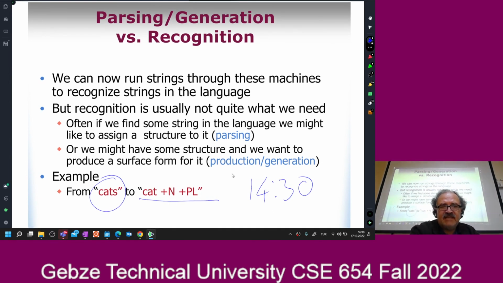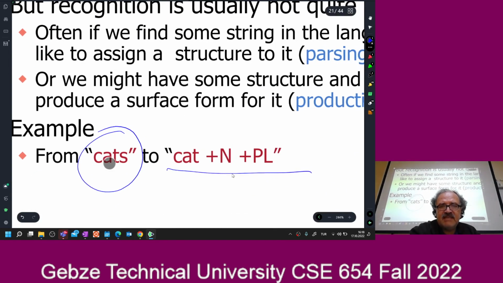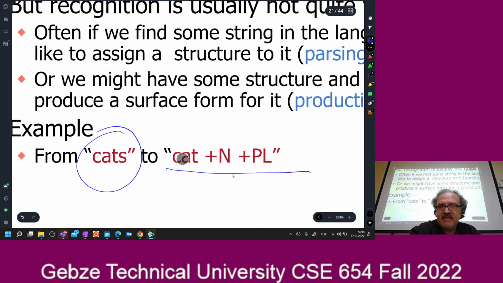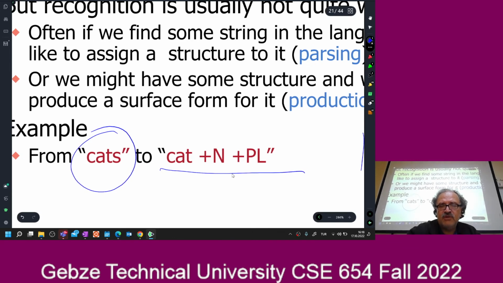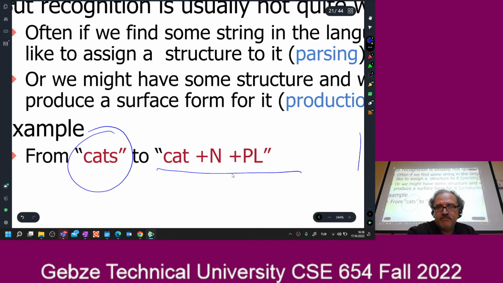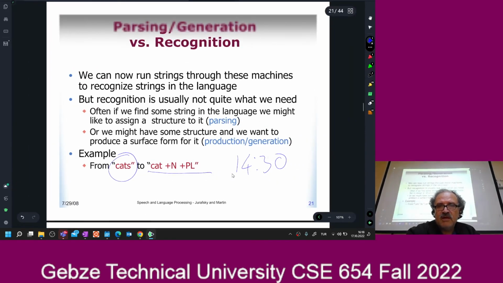It says that if you are analyzing cats, cat is a noun, and at the end of this word, there is a suffix that represents the plurality. Okay? So this is the parsed version of this one. I found a noun, and it's a plural, right?